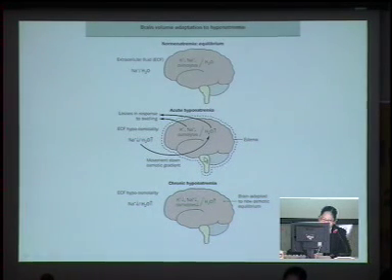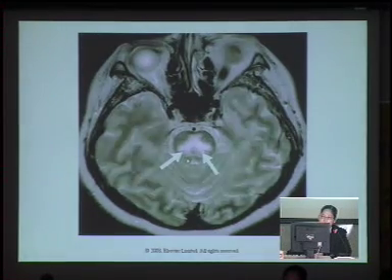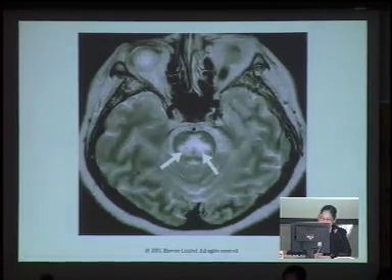Then as time goes by, a few days or few weeks, the brain adapts so that it creates what we call osmotic equilibrium. So it tries to compensate for the swelling. That's why when you have chronic hyponatremia, you don't attempt to correct the sodium too quickly, otherwise you cause problems. And this is the MRI showing that lesion, demyelinating syndrome, developing in the pons, and the patient would be quadriplegic.